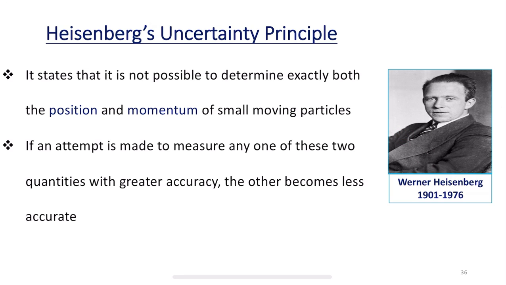This principle is called Heisenberg's uncertainty principle. If an attempt is made to measure any one of these two quantities with greater accuracy, the other becomes less accurate.